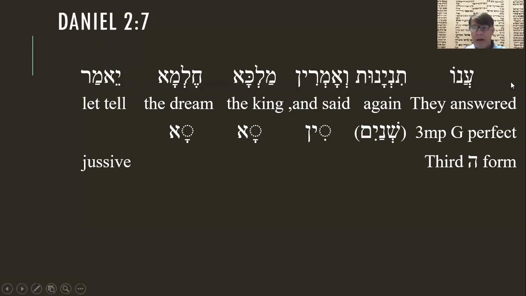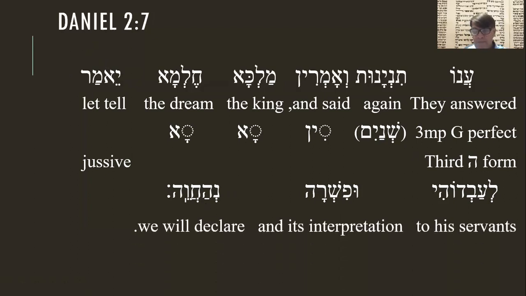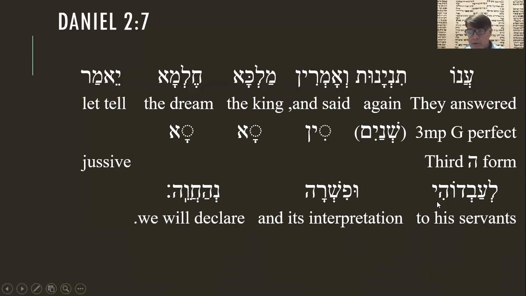Okay, so they answered again and said, let the king tell the dream, la'avdohi, to his servants, u pishra, and its interpretation, naha kave, we will declare. Okay, let the king tell the dream to his servants, and its interpretation we will declare.